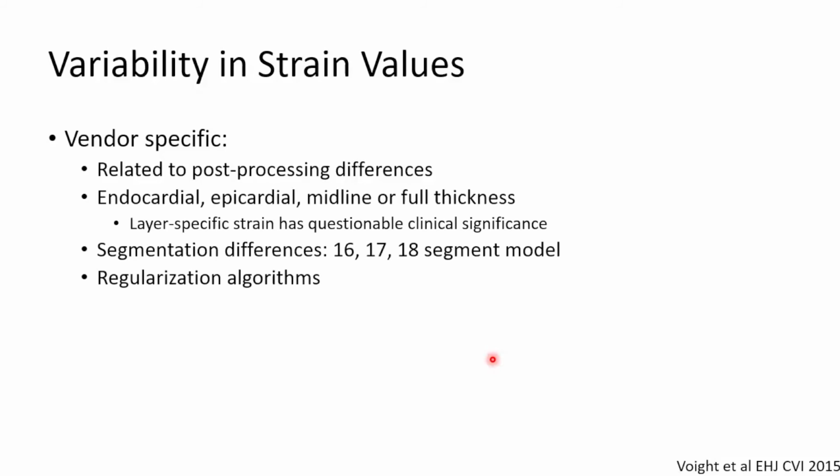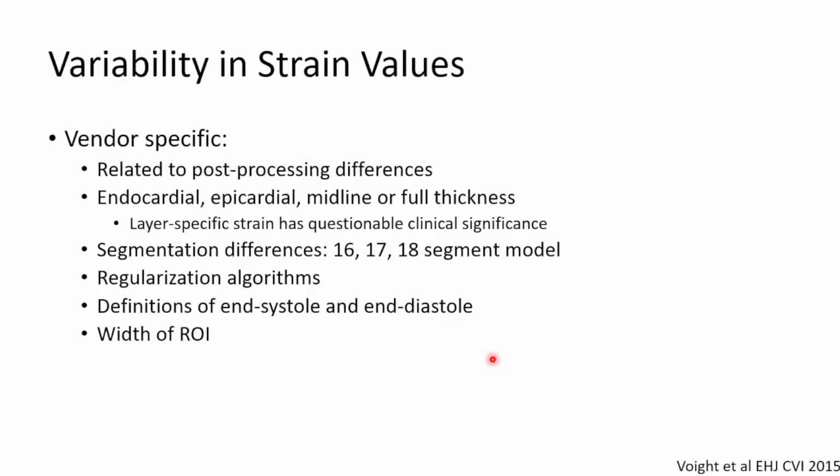The regularization algorithms are proprietary to themselves, and so we don't really understand much of it. This is part of the black box of strain, I suppose, and so that can create a lot of variation. Definitions of end systole and end diastole also create variability in the vendors and the software. The width of the ROI that's determined, and the method of calculating global strain. So whether we're averaging or calculating strain across the entire myocardial line versus averaging the segments can give you mathematically different numbers depending on your segmentation.